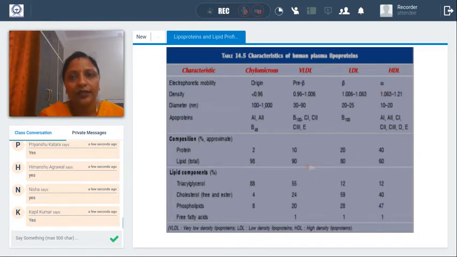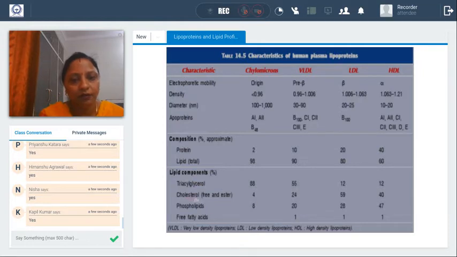Among all four categories of lipoproteins, protein content is approximately: chylomicron 2%, VLDL 10, LDL 20, and as I said earlier, HDL contains highest protein, while lipid content is lowest. Chylomicron 98% means highest total lipids, VLDL 90, LDL 80, and HDL 60.